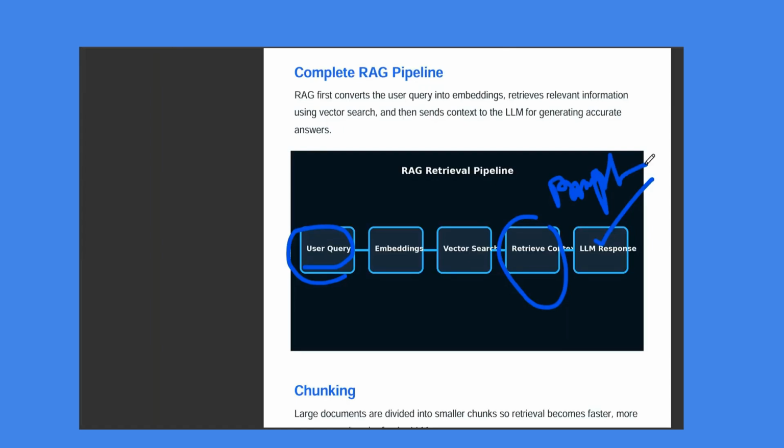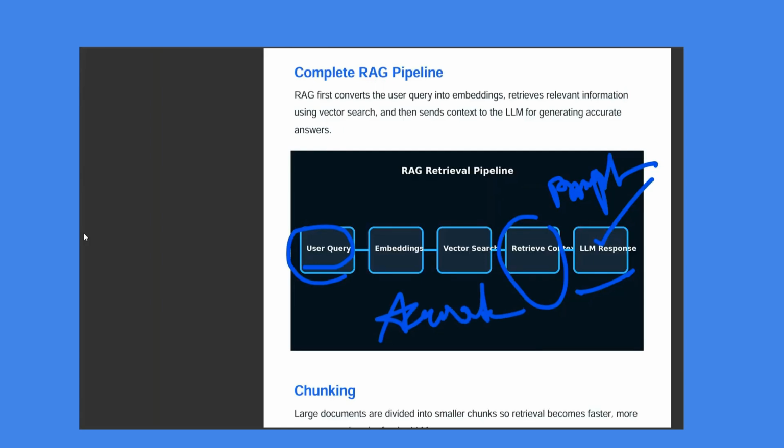Okay, so now instead of answering blindly, the model has actual context before generating the answer. And because the model now has relevant context, the response becomes more accurate, right?